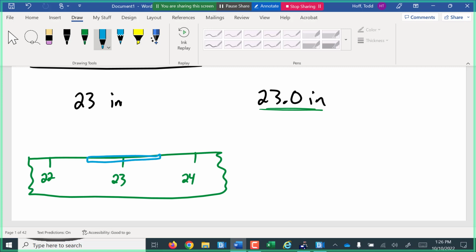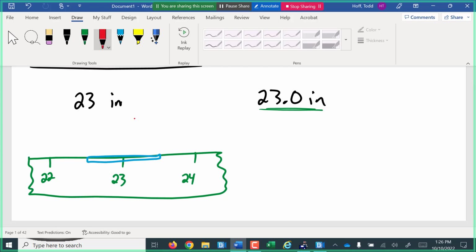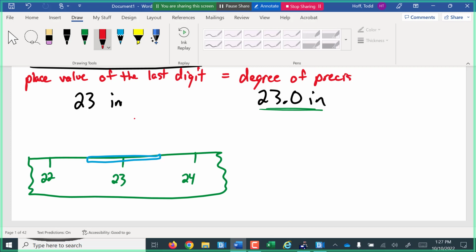The degree of precision of a decimal measurement is just the place value of the last digit. So for 23 inches, the degree of precision is simply 1 inch.